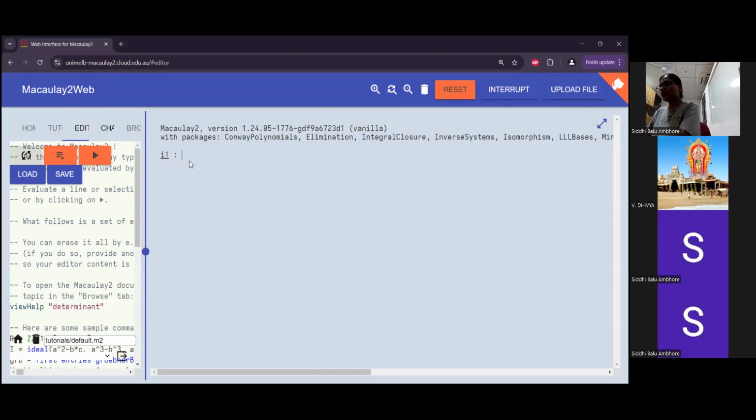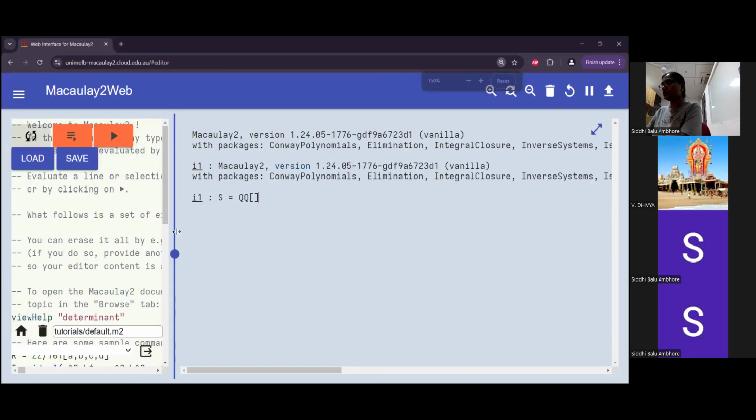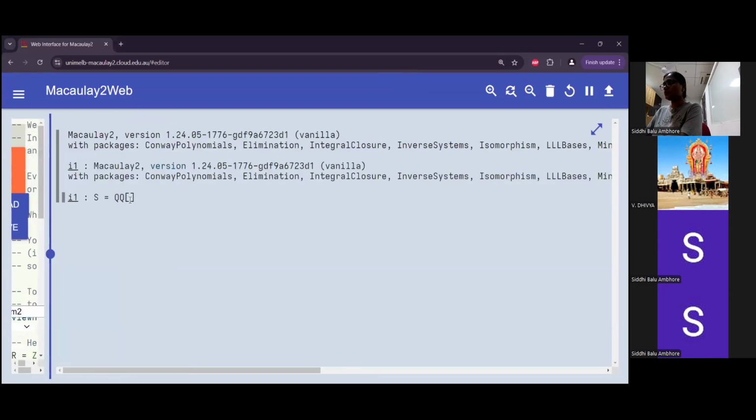Let me define first the polynomial ring S, with variables x, y. Let me just zoom out a bit. And then I define this one-variable ring T, with variable t.